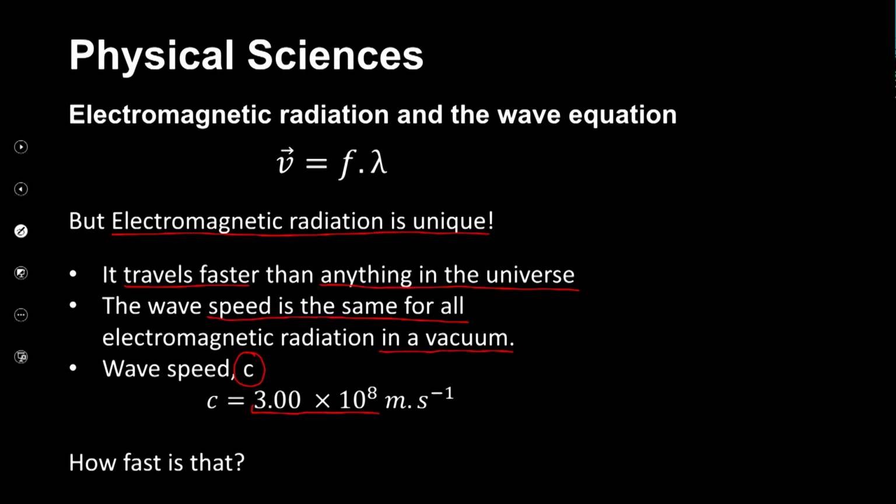c is a very important variable in physics, not just for waves. You may have encountered it even in one of the most famous physics equations ever, Einstein's own E equals mc squared. That c you see there is the exact same c that we are referring to, the speed of light.